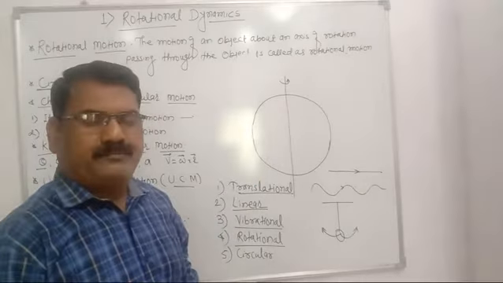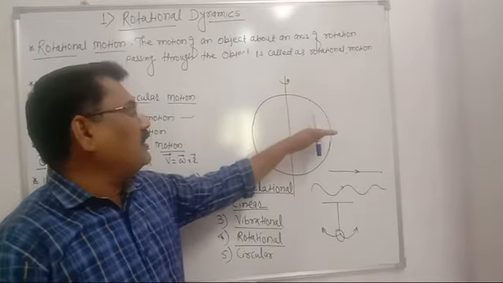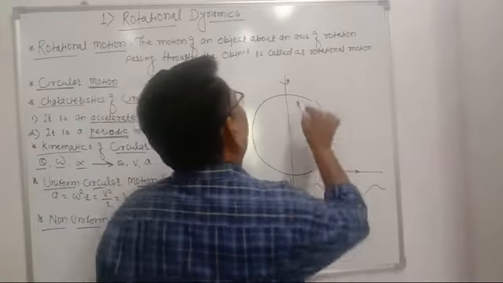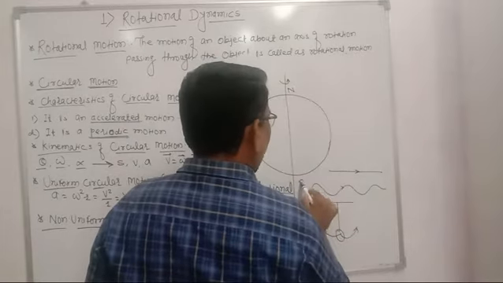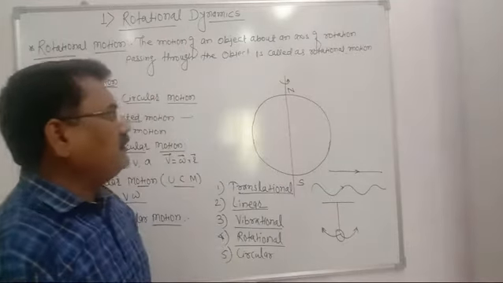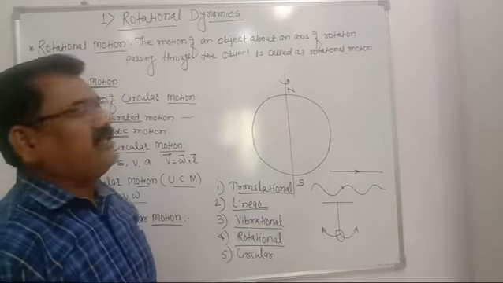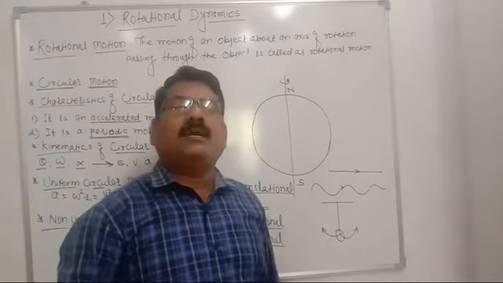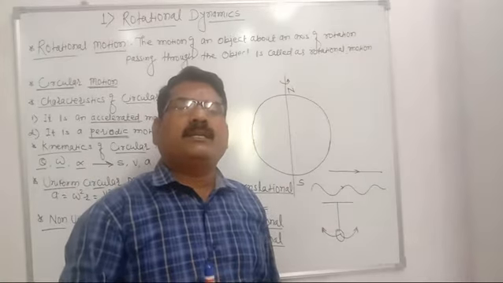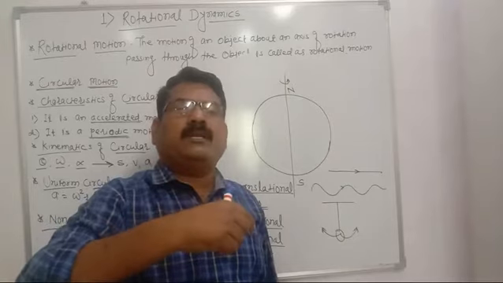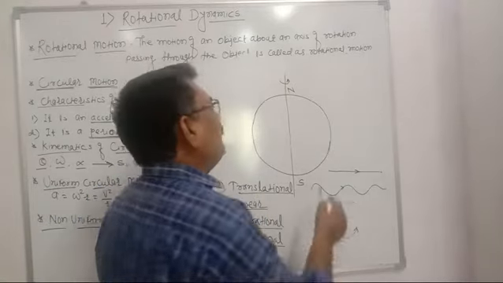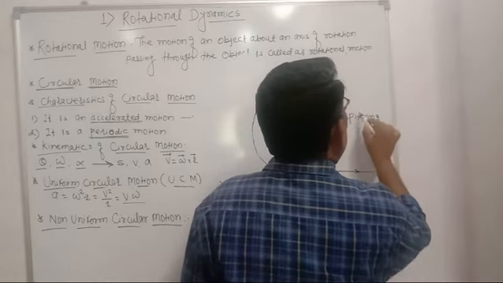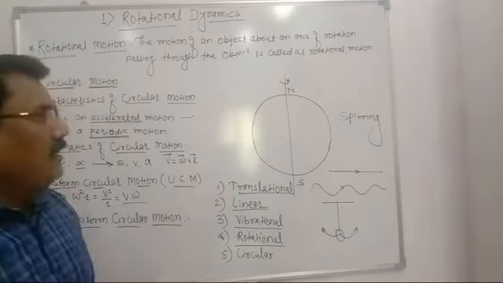For example, the motion of the earth about its polar axis, meaning the north and south pole, is rotational motion, or the motion of a top, the motion of the spinning top, is an example of rotational motion.